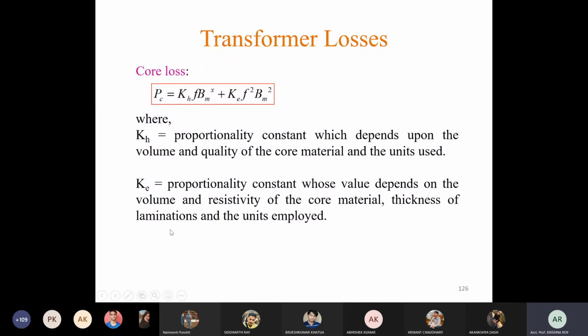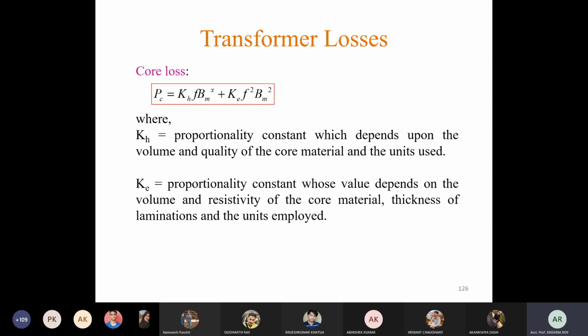And then thickness of laminations. So what are these laminations? Normally the core of a transformer is not a solid core, it is made up of a stack of laminations. That means thin sheets of iron, a special type of iron, normally silicon steel, which is a better material from the point of view of magnetic property.